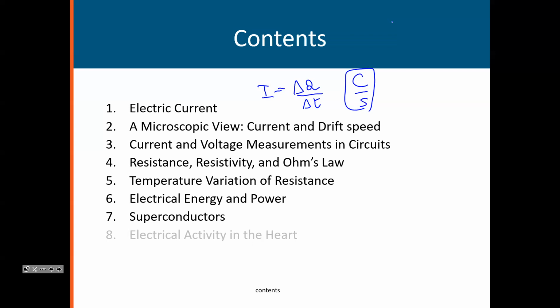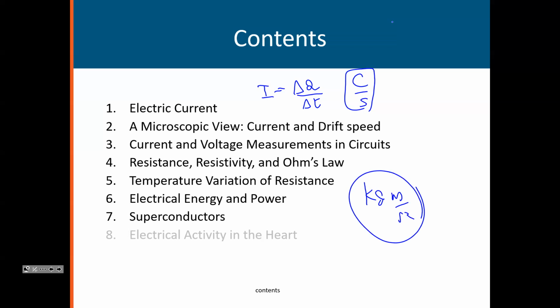What do you call coulomb per second? What is the other name for coulomb per second? Not volt, voltage is the potential difference. It's like kilogram meter per second squared, which is the unit for force, but we have a single name for that, which is Newton.